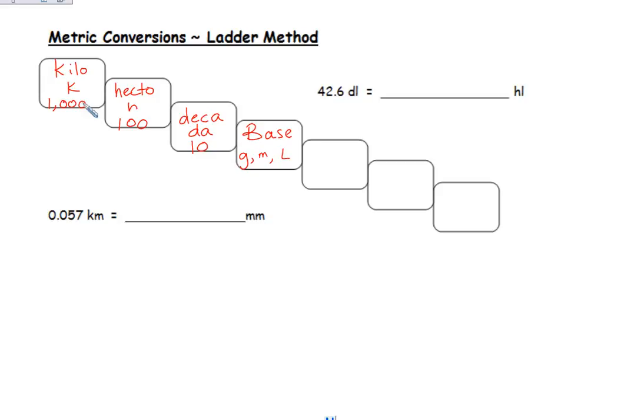From there, we can go smaller. We'd have deci, which is symbol D, which means 1/10. Centi, symbol C, means 100th. And then finally, milli, the tiny little milliliter, milligram.